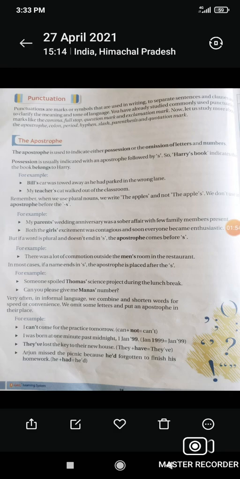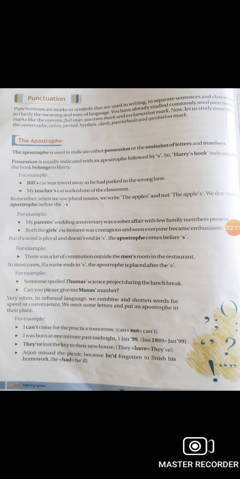For example, my parents' wedding anniversary was a sober affair with few family members present. Here parents means your father and mother, so it is already plural, so s is already there. So we will put an apostrophe after the s.